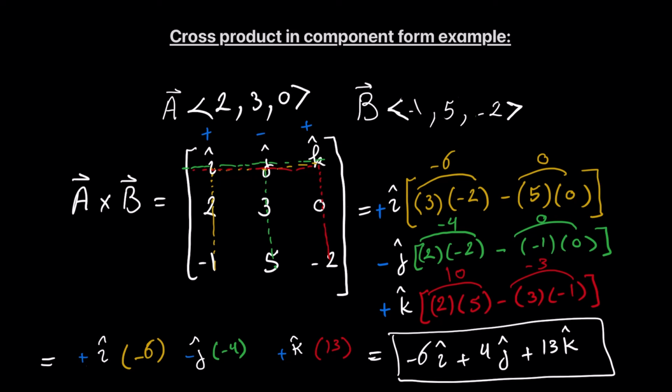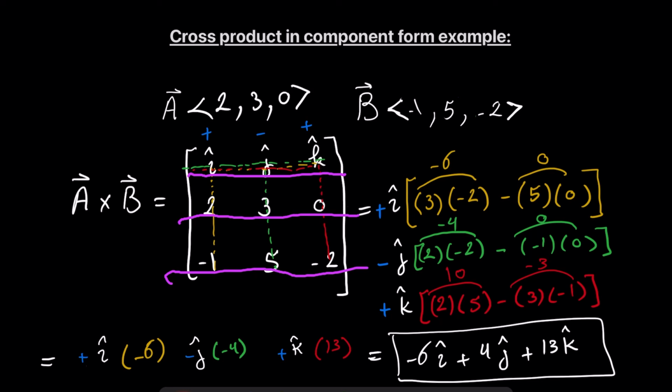Then the second row, we place the components of the first vector A. And in the third row, we place the components of the second vector B. So unit vectors in the first row, components of the first vector in the second row, components of the second vector in the third row.